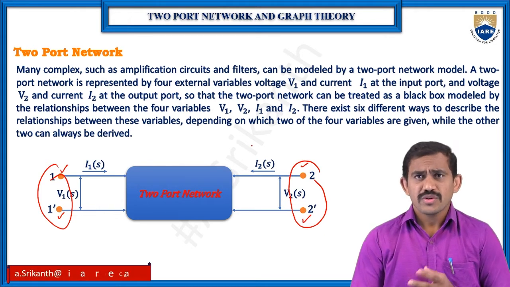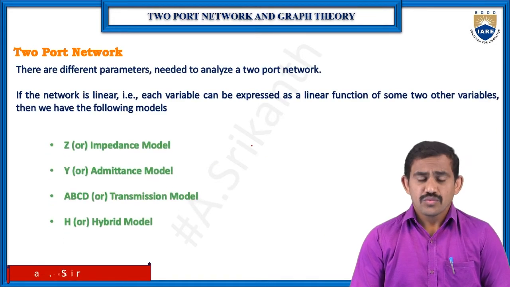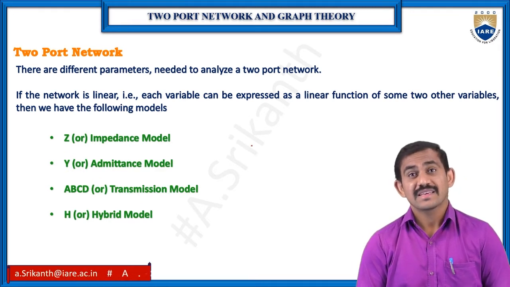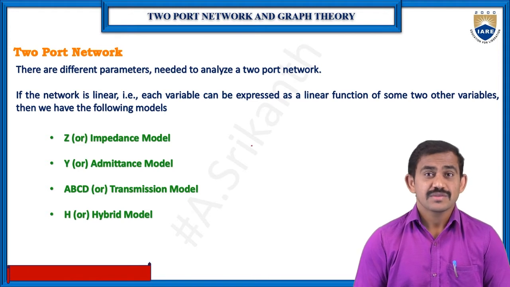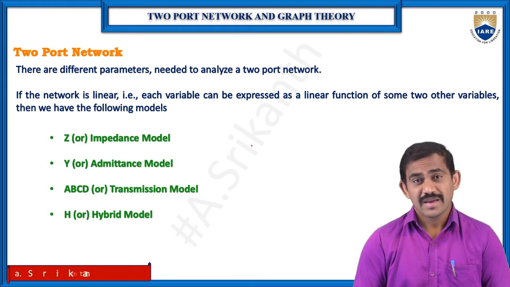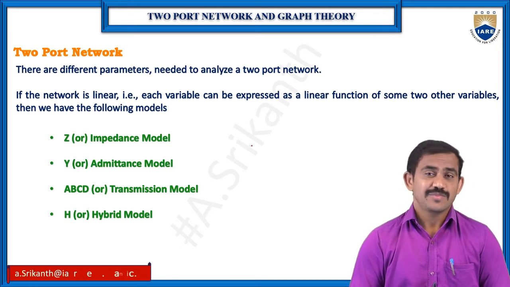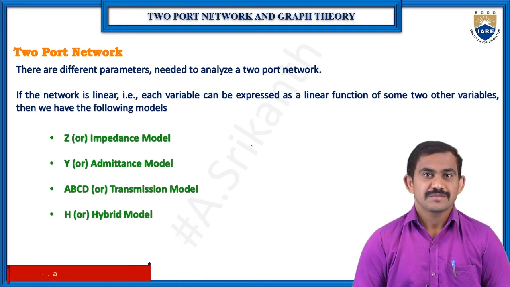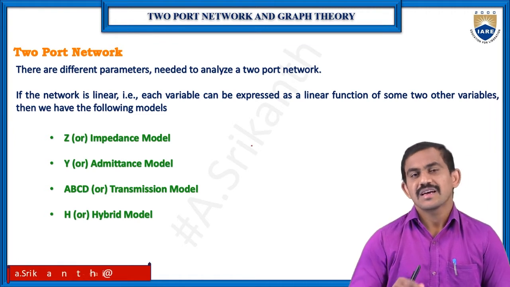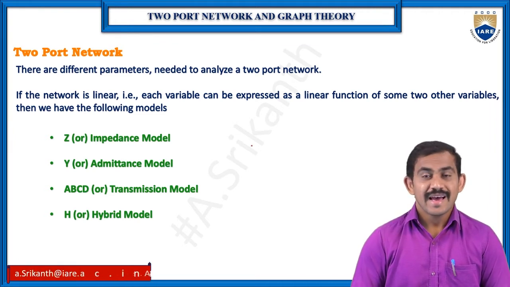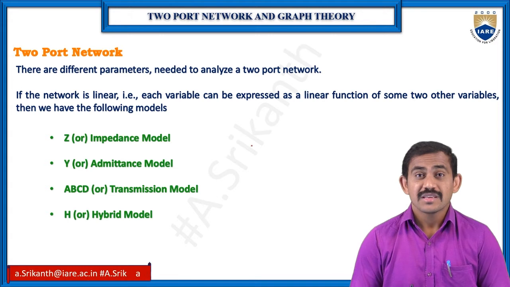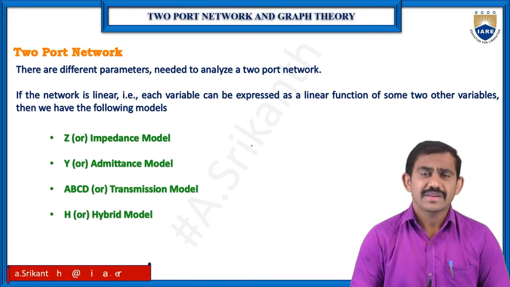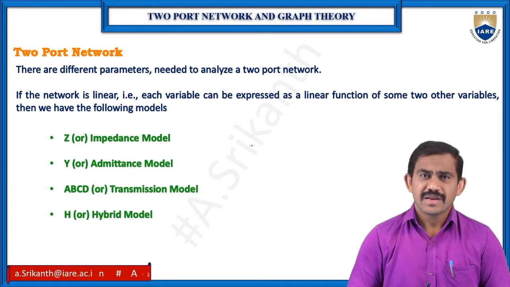Now, for the two-port network, we have different parameters: Z parameters, Y parameters, ABCD parameters, as well as H parameters. Z parameters are the impedance parameters, Y parameters are the admittance parameters, ABCD parameters are the transmission line parameters, and H parameters are the hybrid parameters.